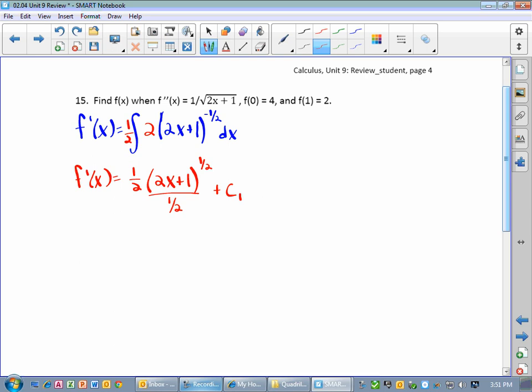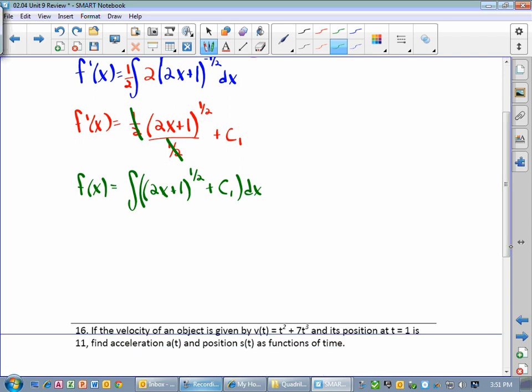plus c. And again, I don't know a derivative, I just know the function, so I'm going to call this c1. Now notice that 1/2 divided by 1/2 is 1. So f of x is the integral of 2x plus 1 to the 1/2 plus c1 dx. And so f of x, again, we're missing the derivative of the inside, which would be 2.